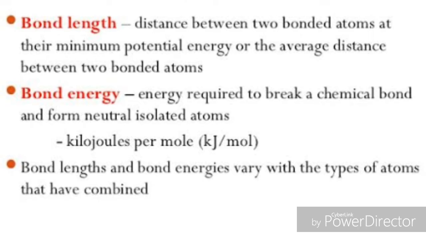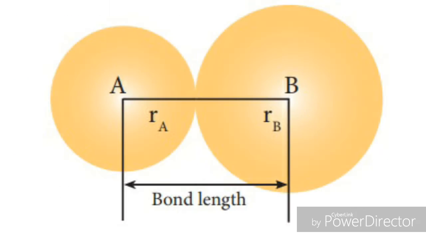Students, bond length or bond distance is the equilibrium distance between the nuclei of two atoms which form a covalent bond. Bond length or bond distance is generally measured in nanometers or angstrom units.